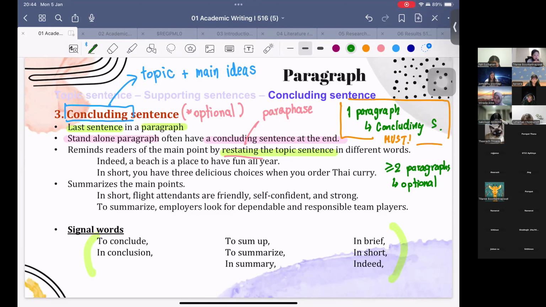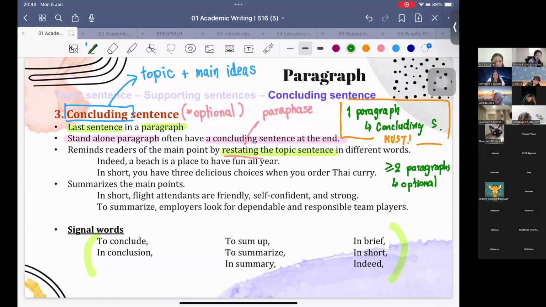If you're going to write the concluding sentence, technically it acts as the summary, or some people call it a conclusion paragraph. However, because it's just one sentence, it can be just one sentence that concludes everything.